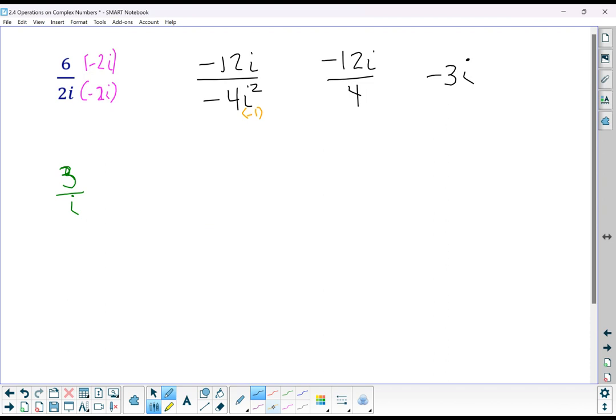And you could get that by reducing first as well. You end up with -3i divided by -i squared, but -i squared is the same as a positive 1, so we end up with -3i as our answer either way.